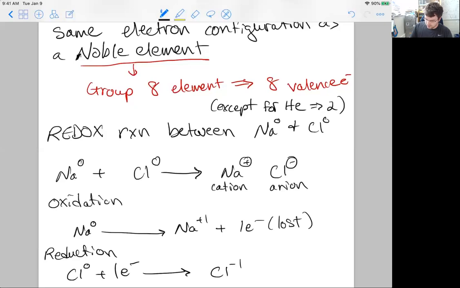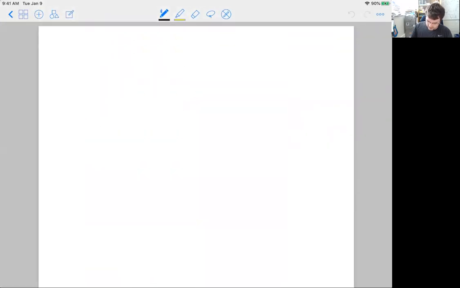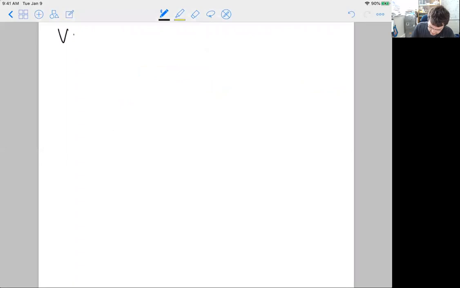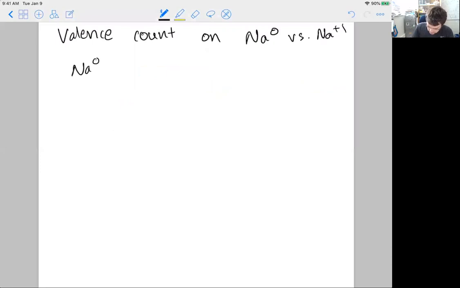That's the stuff that sits in our salt shakers on our tables or in the commons or wherever we're consuming salt. But what I want us to recognize is the valence electron count on Na0 versus Na+. Na0 has a 3s1 electron, and this is its 1 valence electron.